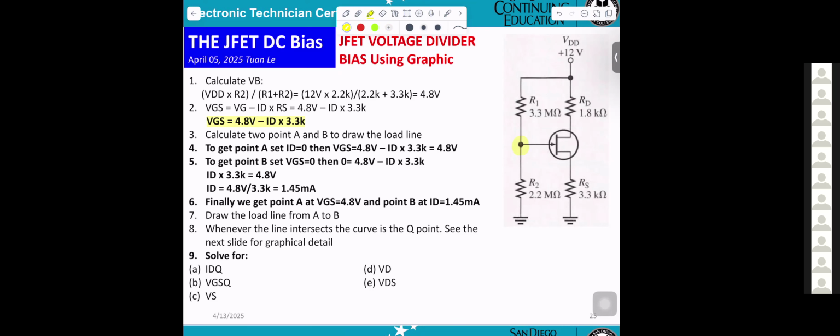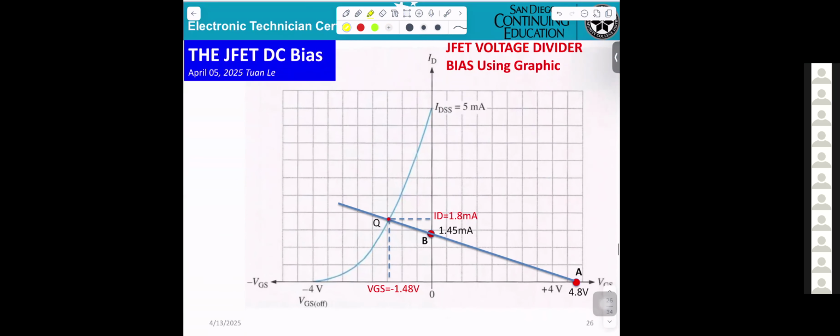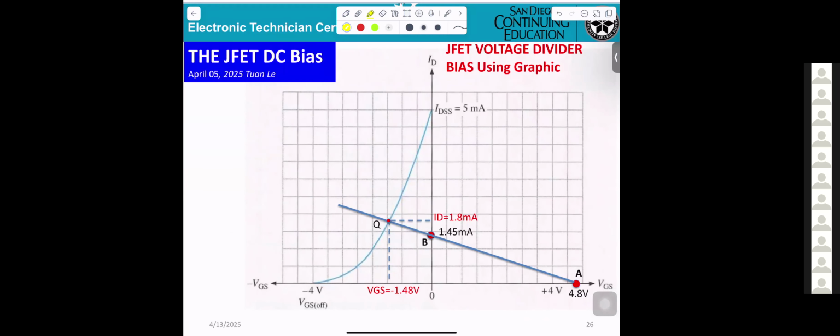And now for the graphic here, you need the same thing, point A and point B. And you draw the line from A to B, okay. Intercept with the curve at the Q point. You go to the right. You get ID. You go down.